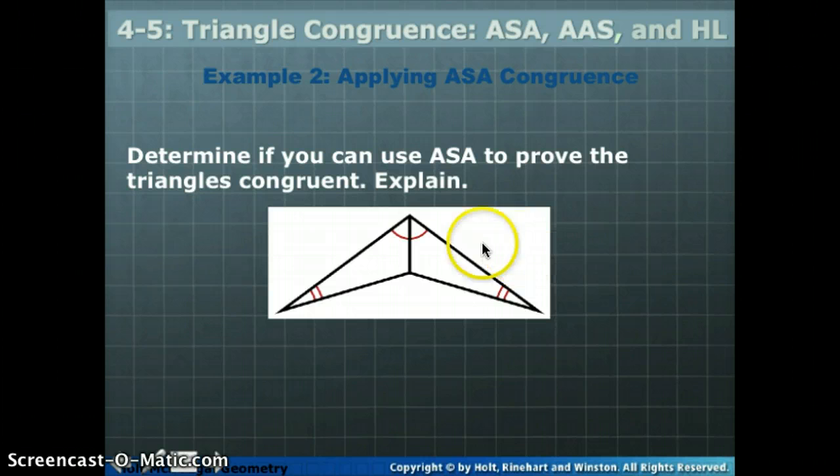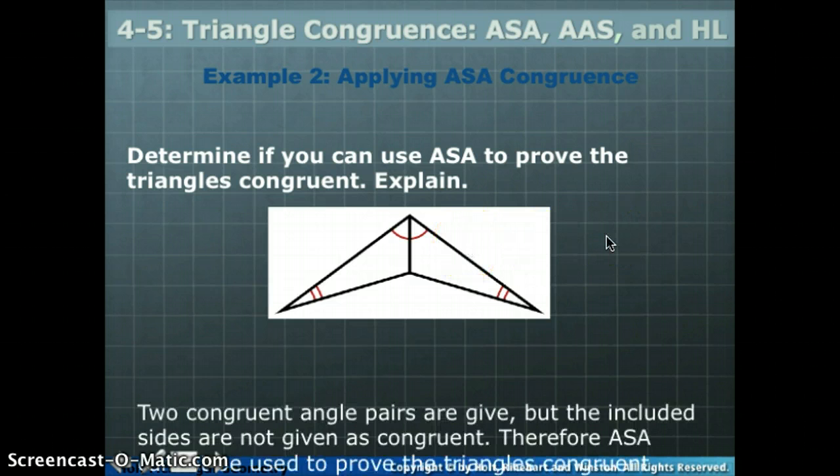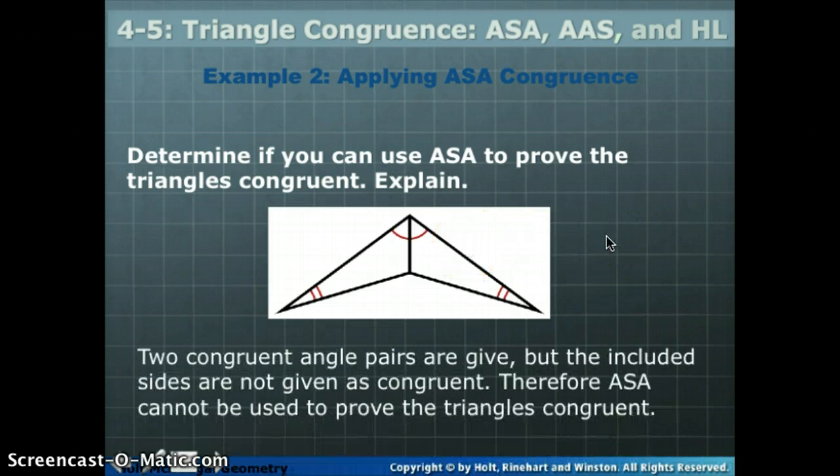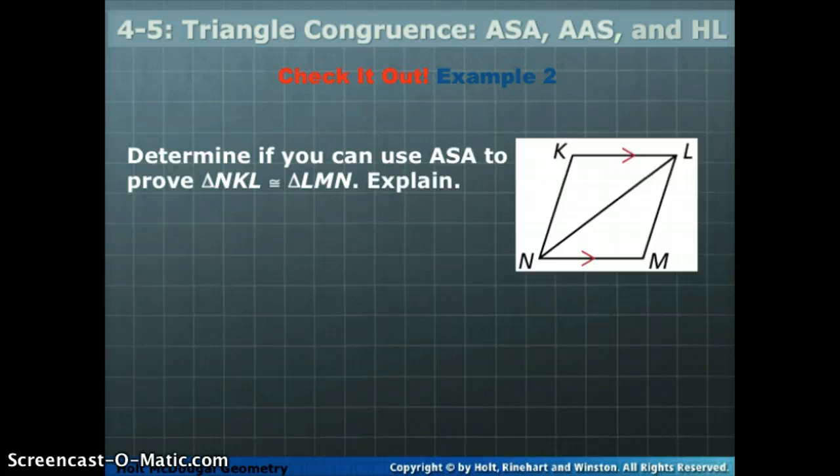I would say no. The included side would be these outside ones, this long one and this long one. We don't know those. So if we don't have the included side, we'd say angle, side, angle cannot be used to prove the triangles congruent. Maybe there's something else that does, but it asked if we could use angle, side, angle, so we're going to say no. All right, let's try another one.